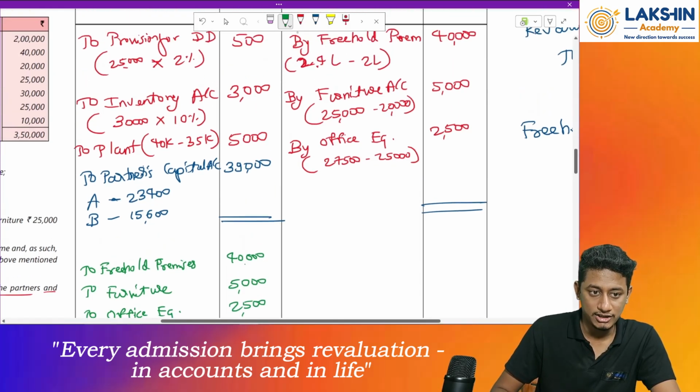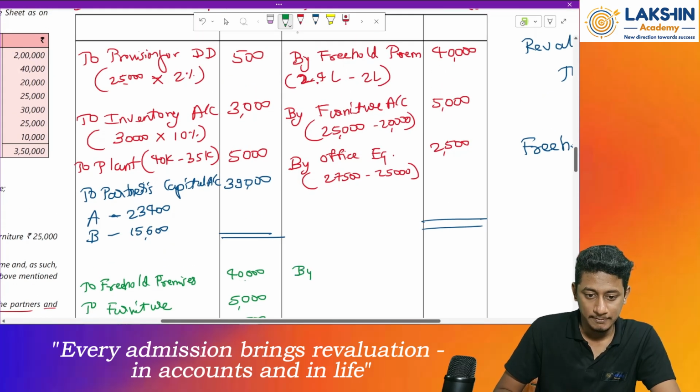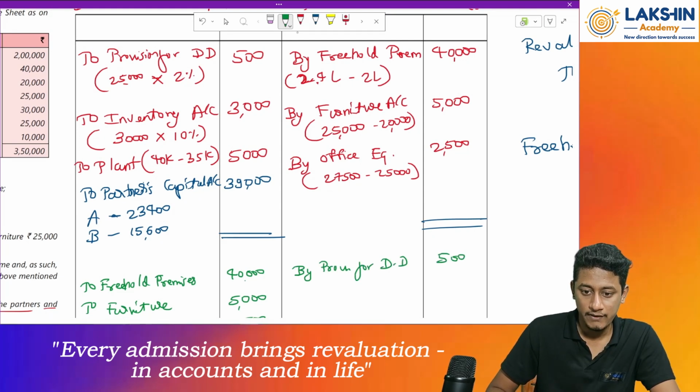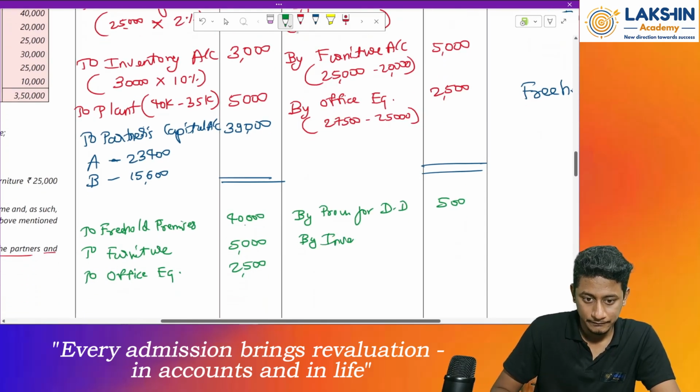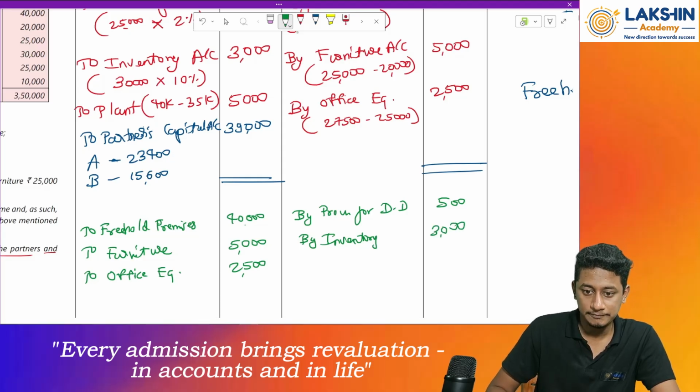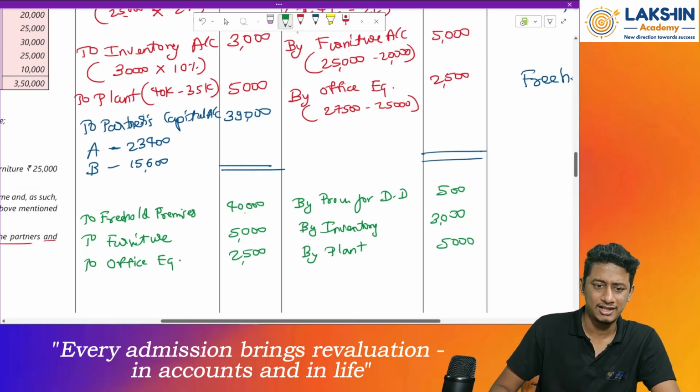Then on the credit side, by provisions for doubtful debts rupees 500. By inventory rupees 3,000. Then by plant. Same thing, I just copy pasting it over here. Nothing else. Clear? Okay.